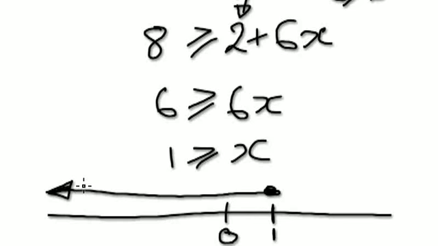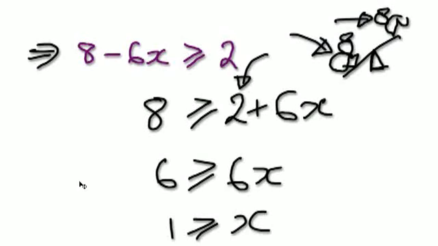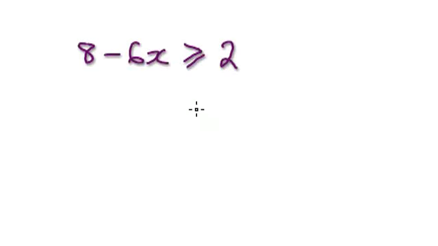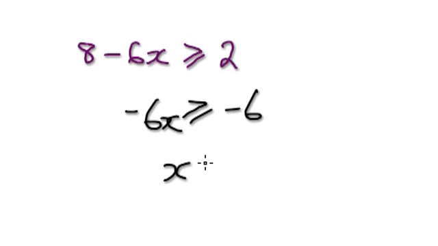But by the way, up here, to do it the negative way, you could kill off the 8 here, minus 6x. This is a bad way of doing it, but it's up to you. So this would be minus 6, and when you divide by a negative number, the sign here switches around.